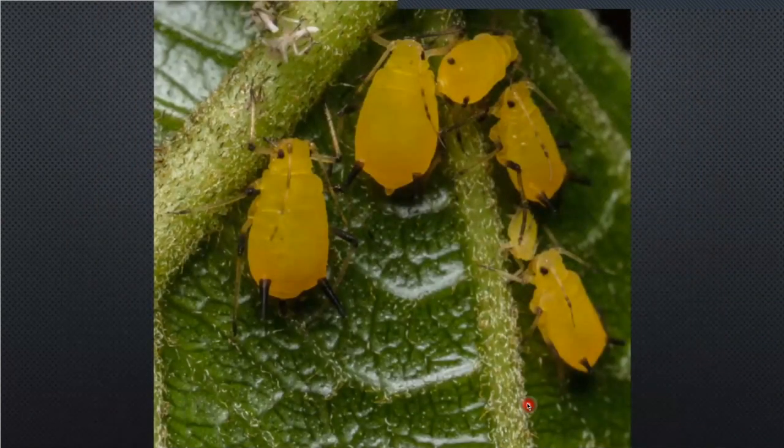Now I was showing you that extremely magnifying lens called MPE65. This is a capture using that MPE65. What you are seeing here are aphids. They are very, very tiny aphids, and they are being attacked by ladybug larvae.